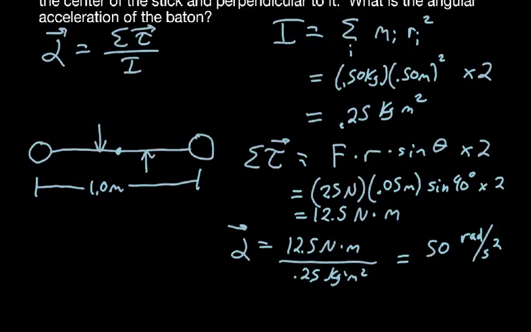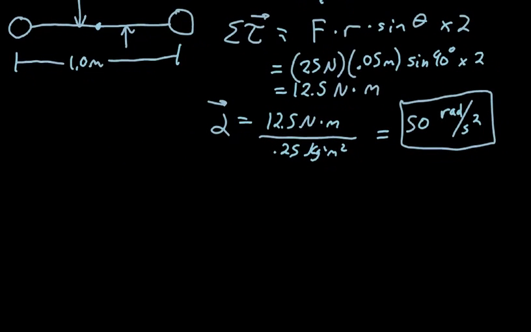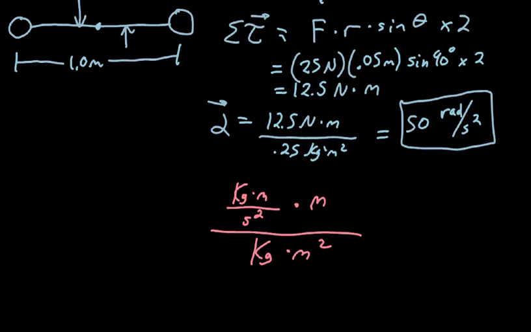It's worth noting here that the radians you kind of have to just write in. If you do the units on this, remember newtons is an abbreviated unit. So let's look at that briefly. Newtons means kilogram meter per second squared times meters divided by kilogram meters squared.